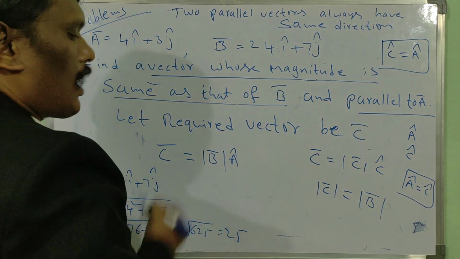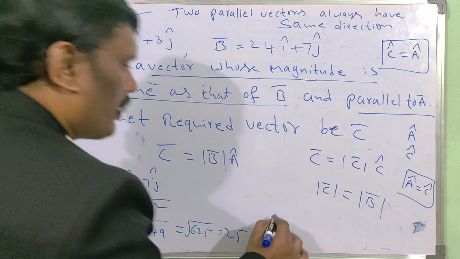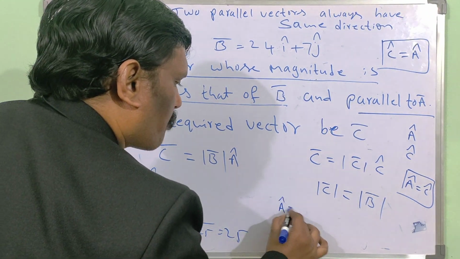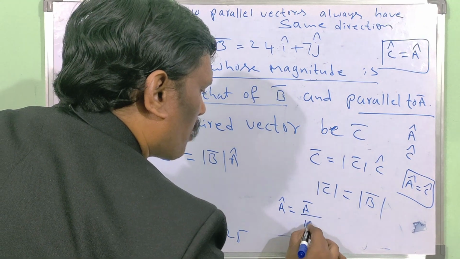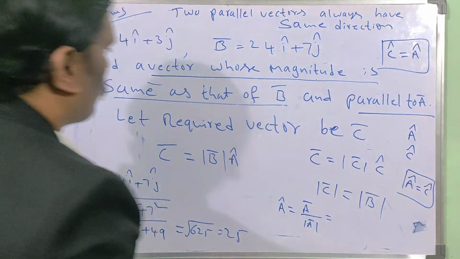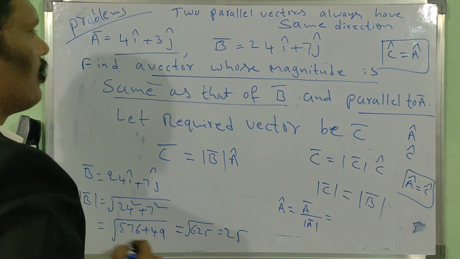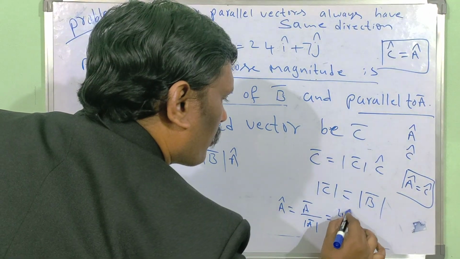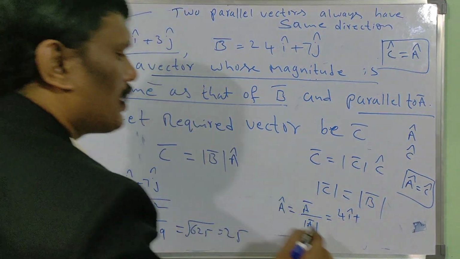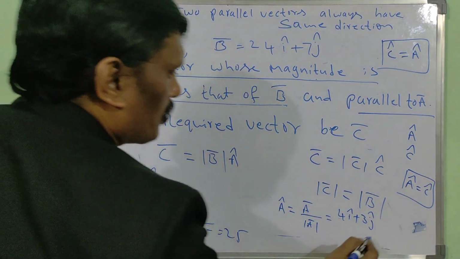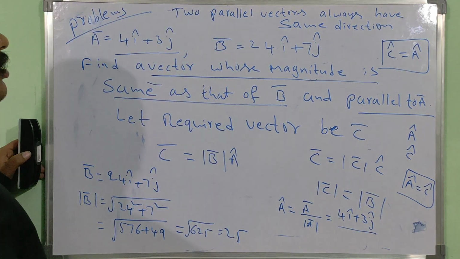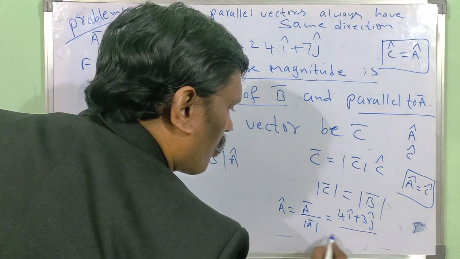How to calculate A cap? A cap is equal to A bar by mod A bar. What is A bar? Given vector A bar is 4 I cap plus 3 j cap. How to calculate mod A bar?